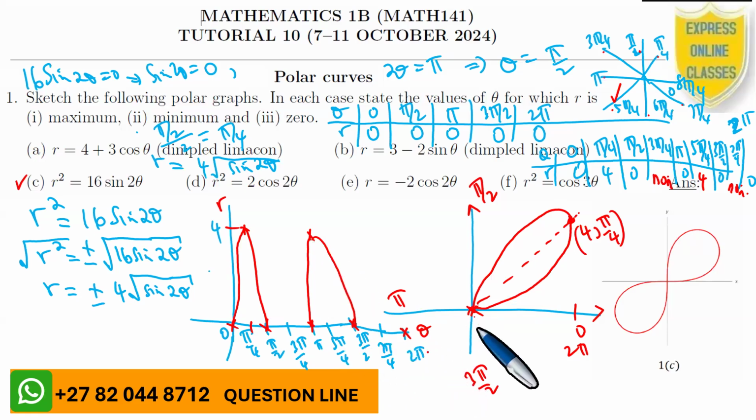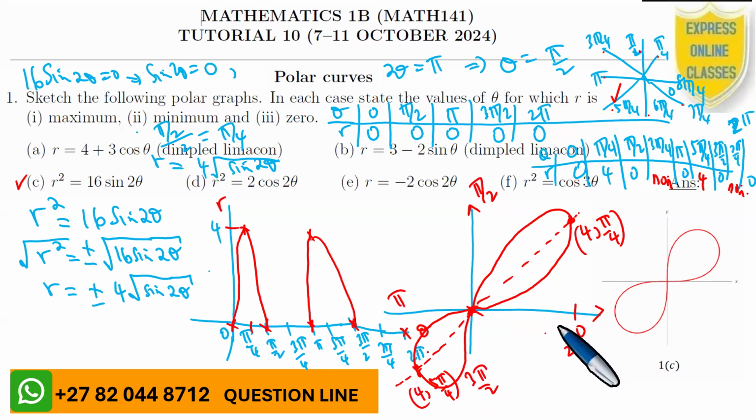Then it's going to attain its maximum again. The radius from pi is actually increasing. So it is 0 here, and then it starts increasing. And then the radius will start to decrease towards 3 pi over 2 there.